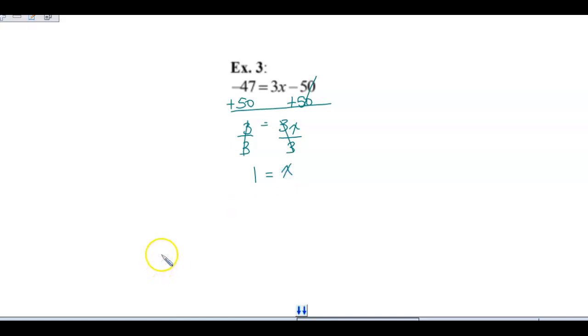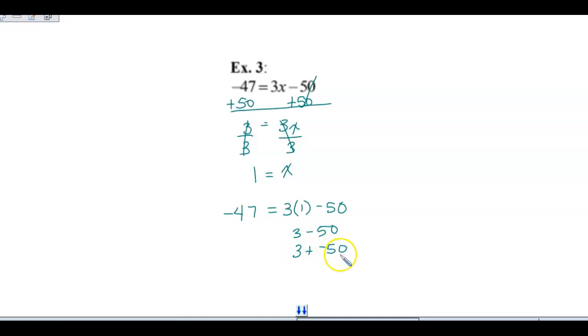So let's check and see. If I replace the x in my equation with 1, will it indeed equal negative 47? I have 3 times 1 is 3. 3 minus 50: I can't take 50 from 3, so I'm going to do 3 plus negative 50.